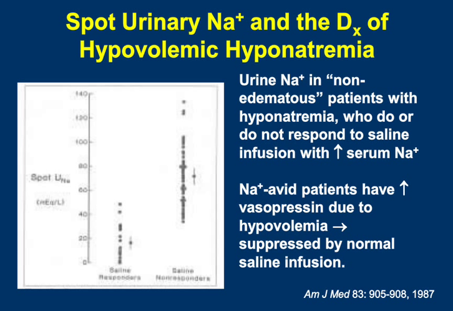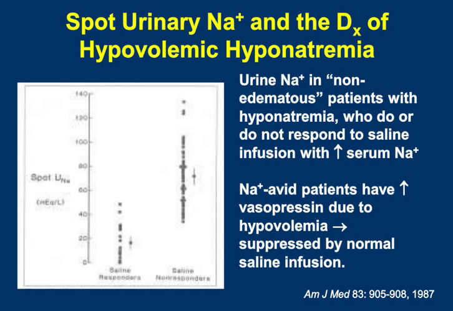There's several corollaries to this observation. One is, don't rely exclusively on the physical exam to decide if somebody is hypovolemic or not. You may have a patient who doesn't seem that hypovolemic and just has a subclinical reduction in their salt intake or whatever, and they are subclinically hypovolemic, and you don't see it on physical exam, but they'll have a lowish urine sodium, and if you give them saline, they will respond with an increase in their serum sodium.